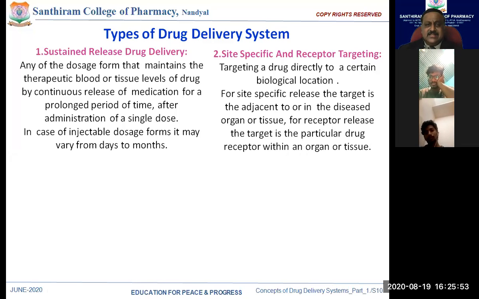The coating is done by a polymer called cellulose acetate phthalate. Cellulose acetate phthalate is normally used for enteric coating, and that coating is broken by an enzyme present in the small intestine, and thereby, after the coating breaks, the drug from the dosage form is released in the small intestine.